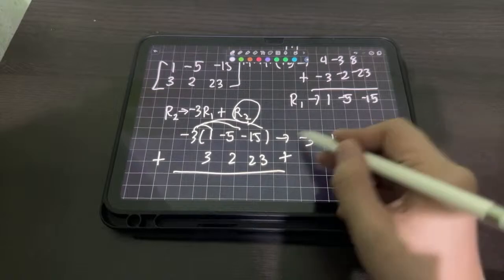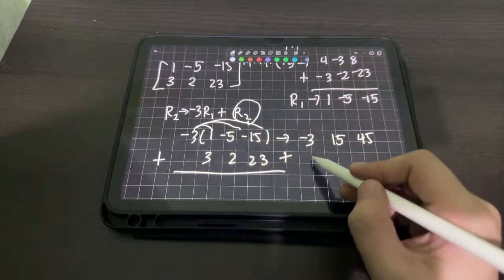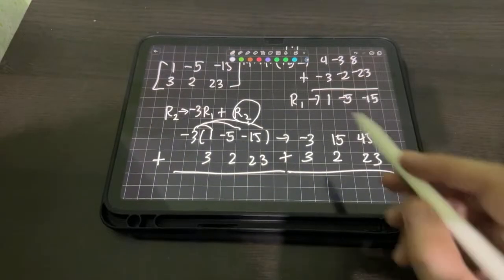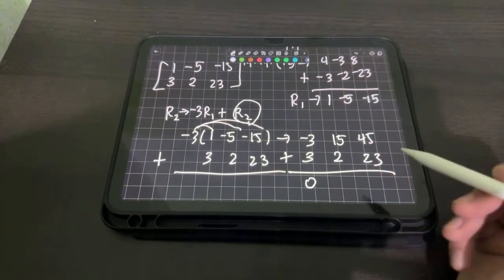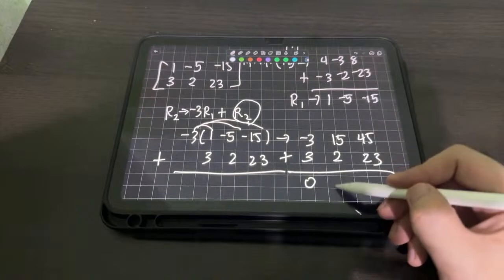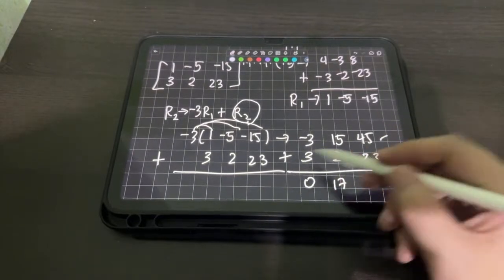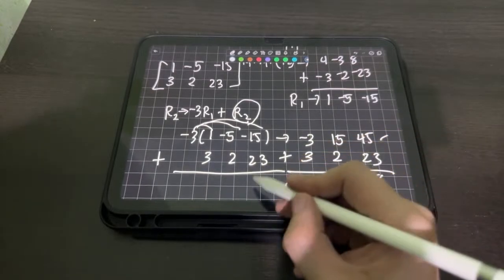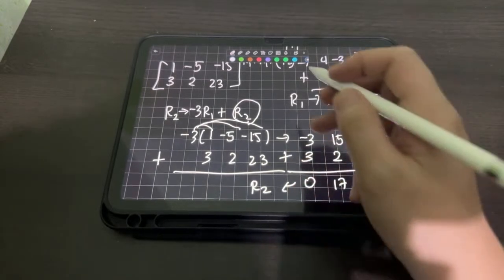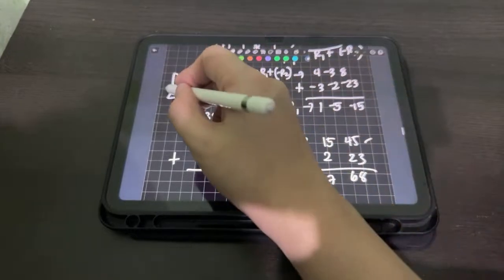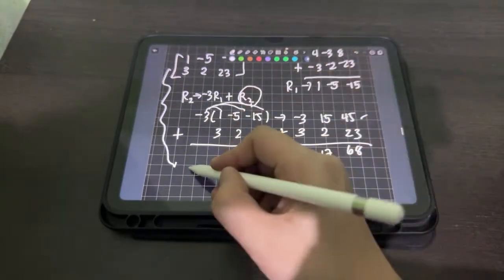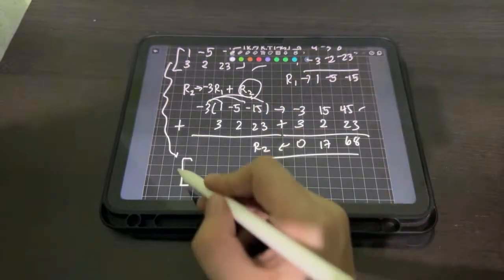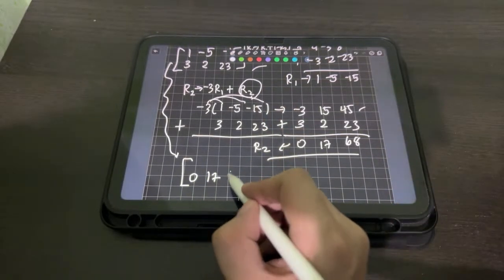Then add: negative 3 plus 3, so 0. 15 plus 2, that's 17. 45 plus 23, that's 68. So the new entries in R2 are 0, 17, 68.